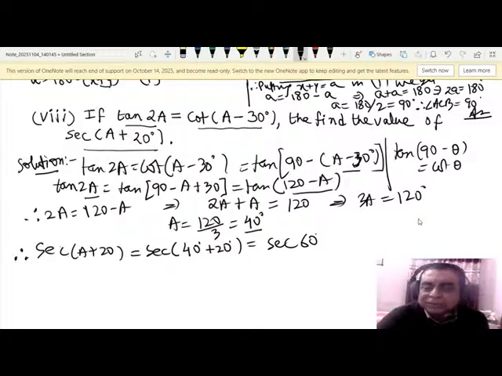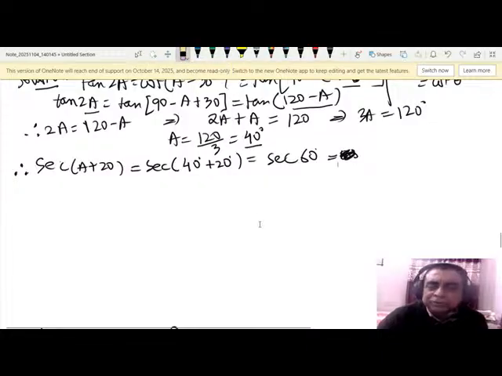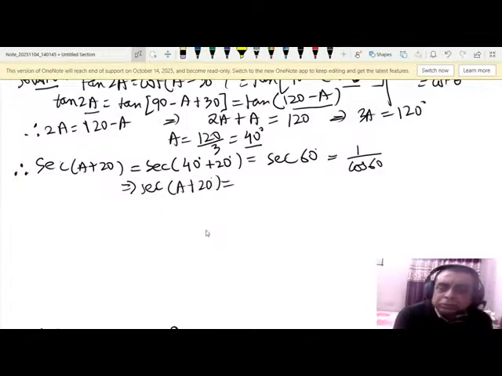So sec 60 is same as 1 upon cos 60 degree, because the sec is the reciprocal of cos. Okay, so sec 60 degree is same as 1 upon cos 60 degree. So therefore the sec (A plus 20 degree) value is 1 upon cos 60.